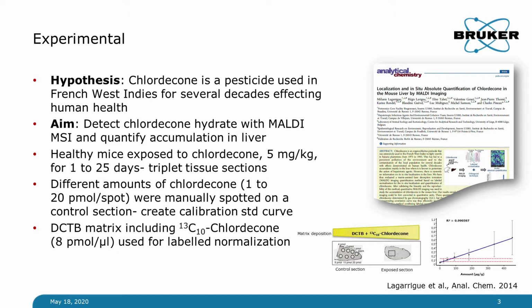On there, we spotted different amounts of chlordecone calibrant, from 1 to 20 picomole per spot, to create a calibration standard curve. To get absolute quantity, we use a DCTB matrix including the C13 labeled chlordecone. So now let's take a look at the data and how to perform quantitation.